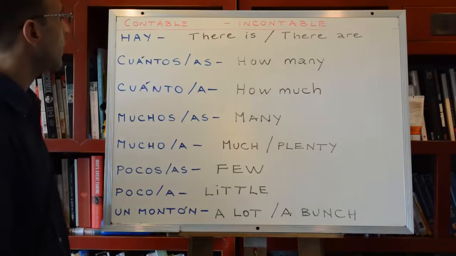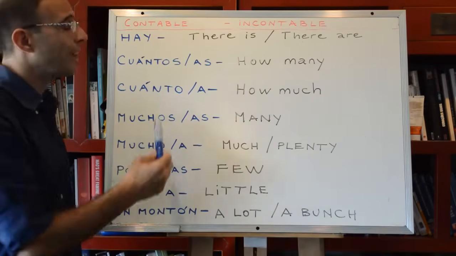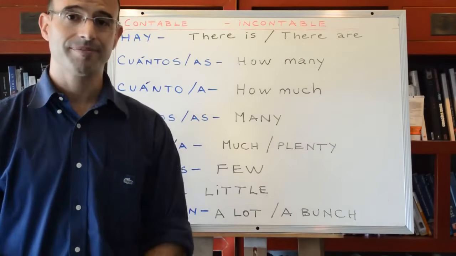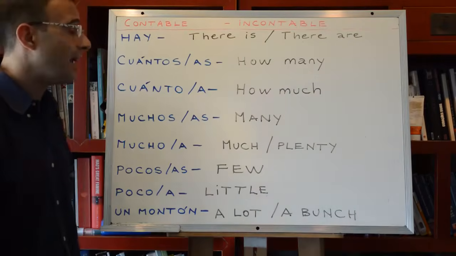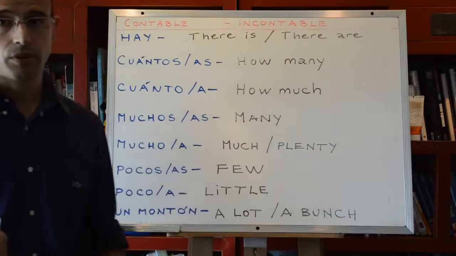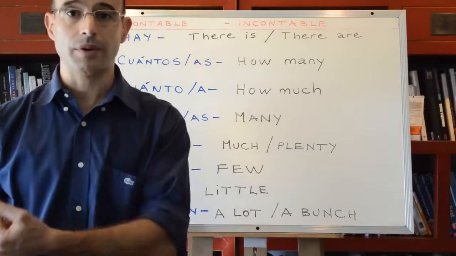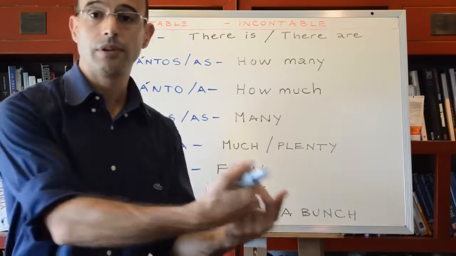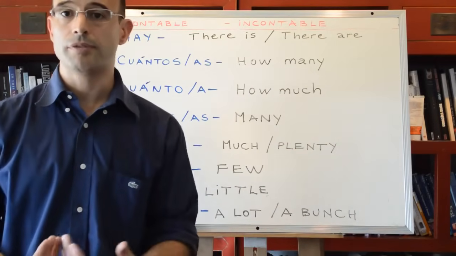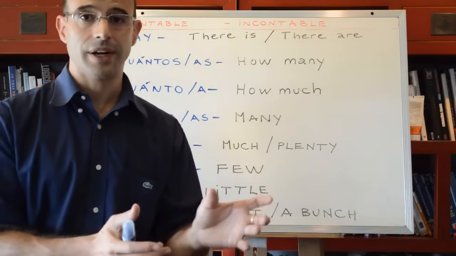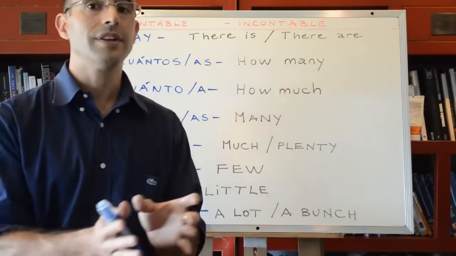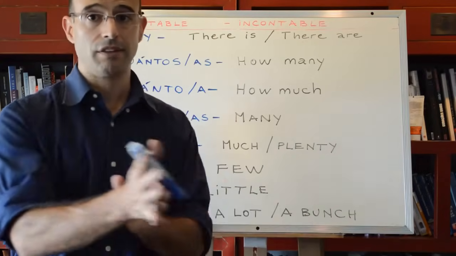Okay? Then we have cuántos and cuántas to say how many, right? Remember in Spanish we have masculine and feminine objects or nouns. Every noun in Spanish is either masculine or feminine, right? In English, however, we only have the, right? The objects, the things, the nouns are not divided between masculine and feminine.